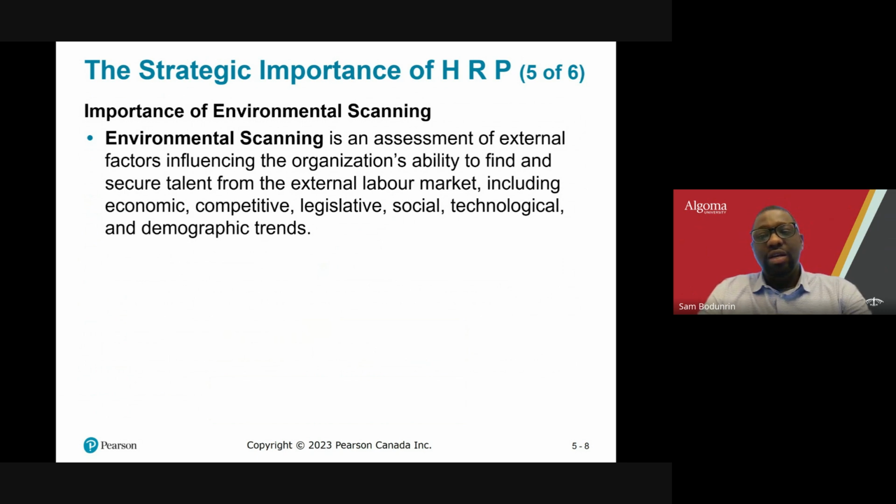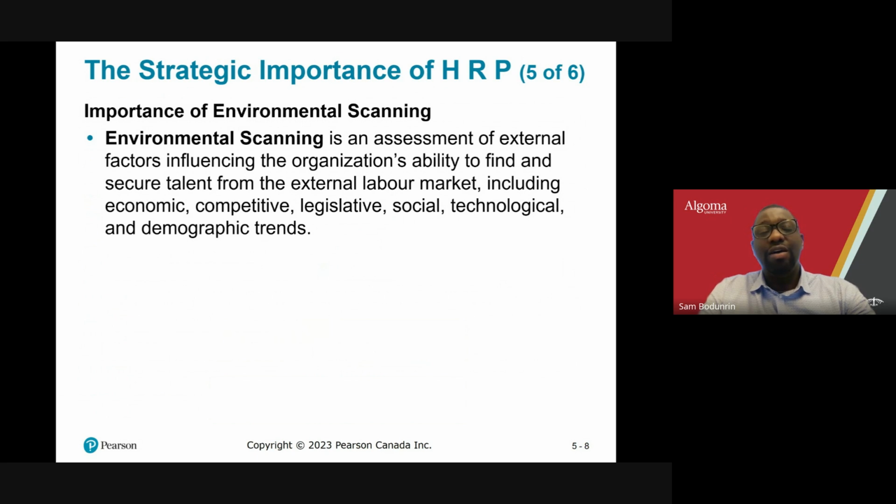Another thing that is very key, or crucial, is environmental scanning. Last week, we also did the PESTLE analysis of internal and external factors that affect an organization. If you want to start planning the number of people you need, especially when you want to hire, you need to understand that there are factors beyond your control, especially external factors: political, economic, social, technological, legal, and environmental factors.